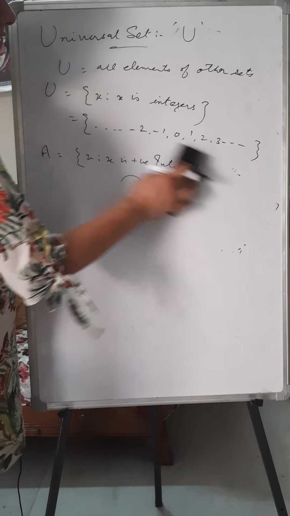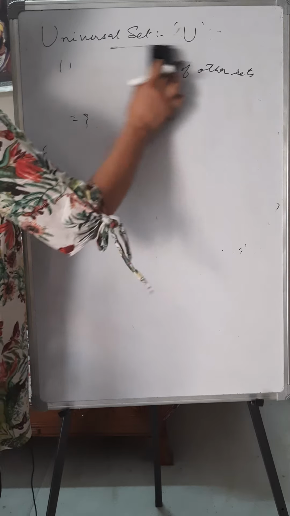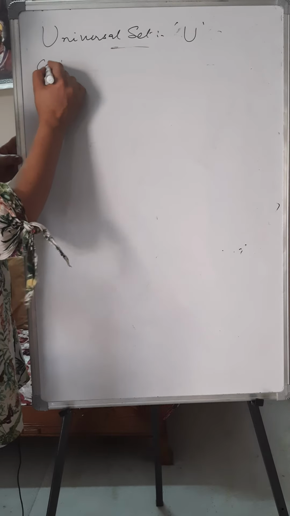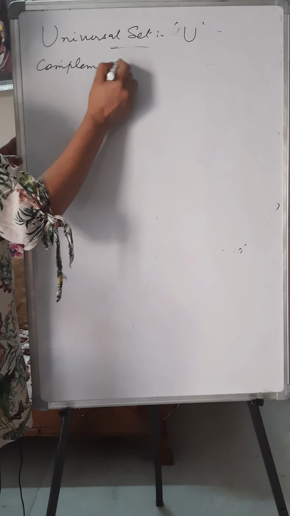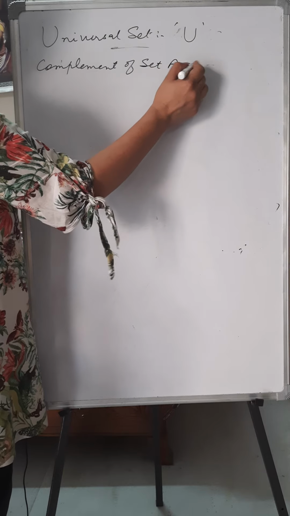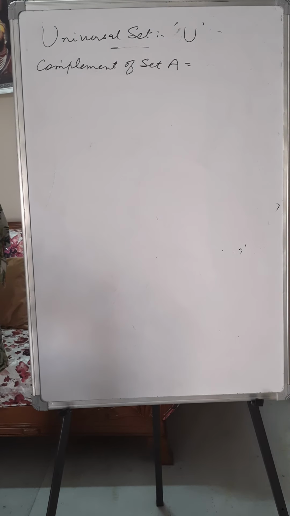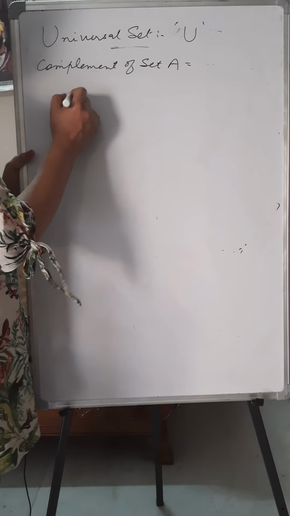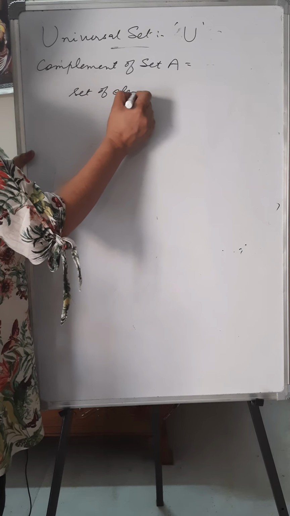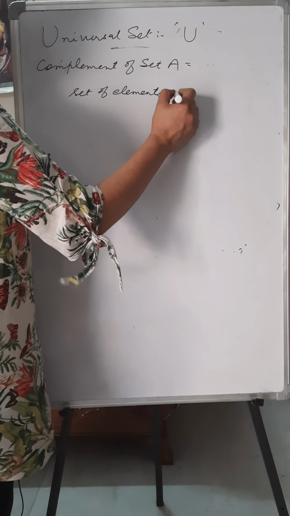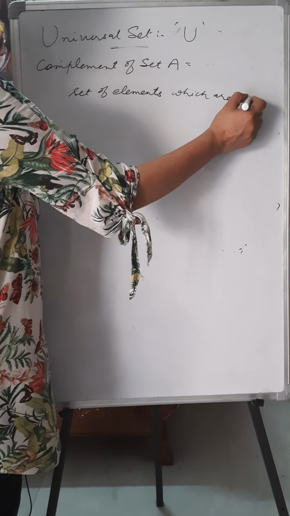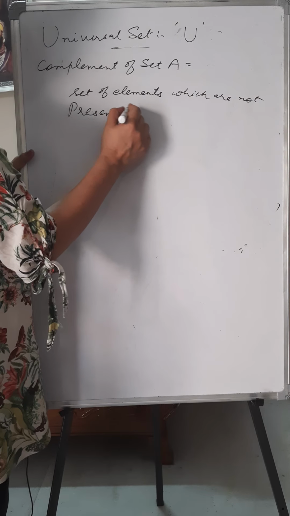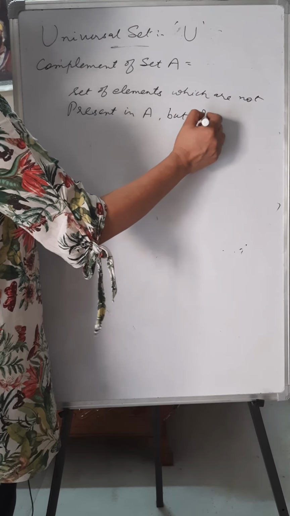Based on the universal set, the next concept is the complement of a set. Complement of set A is the set of elements which are not present in A but present in the universal set.